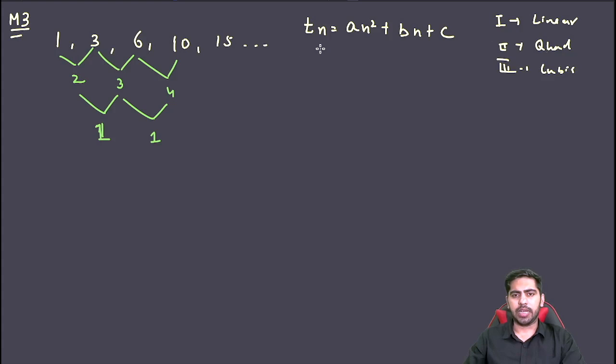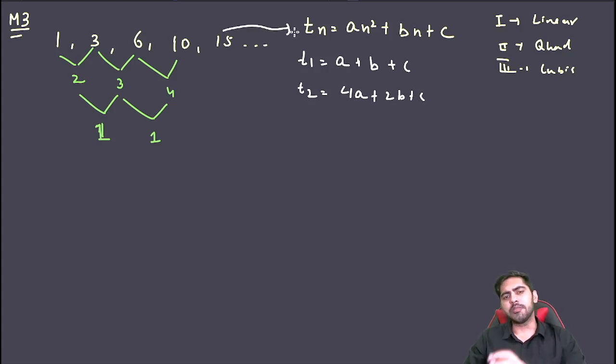Now if I put n as 1 and find t1, what will tn be? I can say a plus b plus c, that will be my t1, because n is 1. If I find t2, it will be 2 square, that is 4a, plus 2b plus c. This will be the second term of the series because this is a general term.